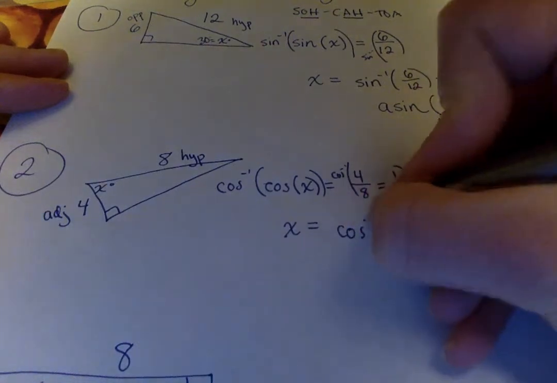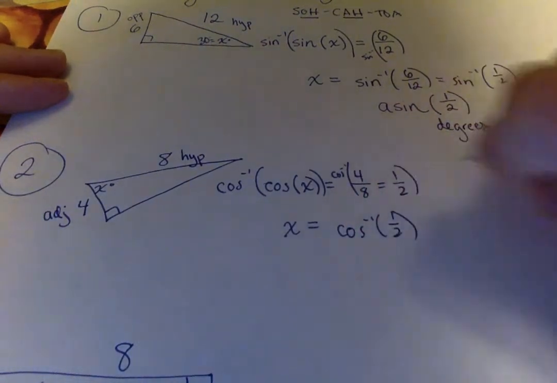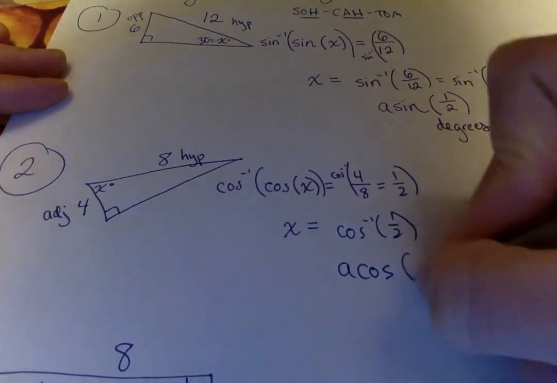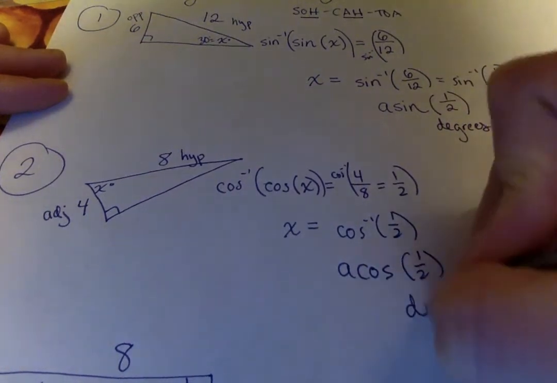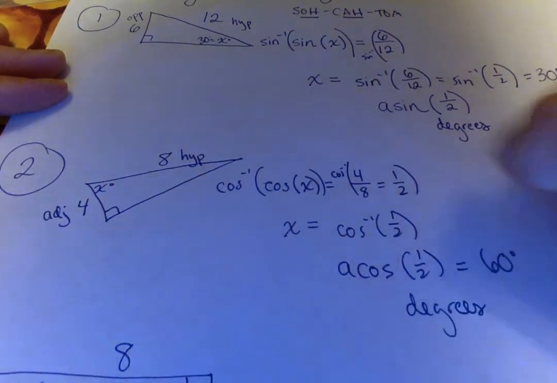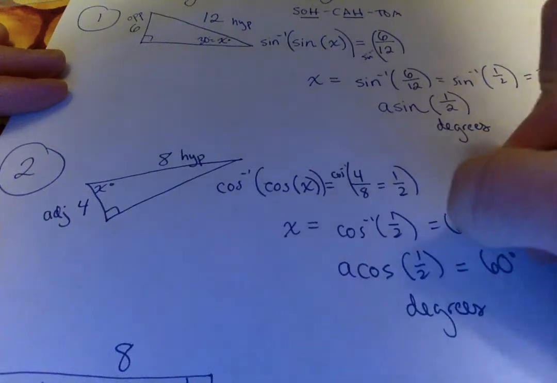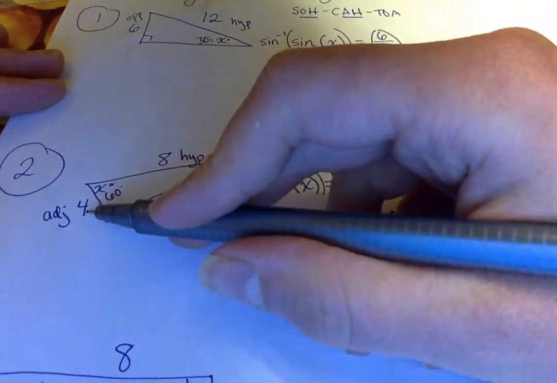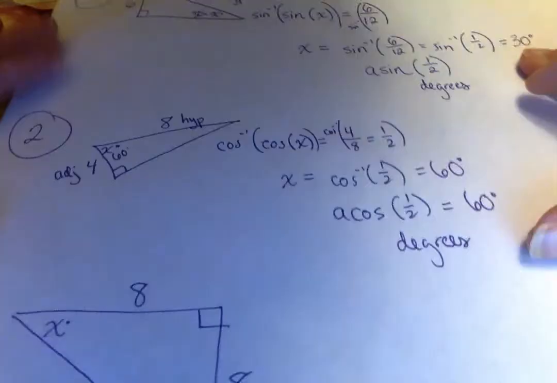So inverse cosine of 1/2. Into Google, I could type arccosine of 1/2, and as long as I specify that I want degrees, it should give me my 60 degrees. So this one is double the measure of the other angle. It is 60, and we used cosine because we were given the adjacent and the hypotenuse legs.